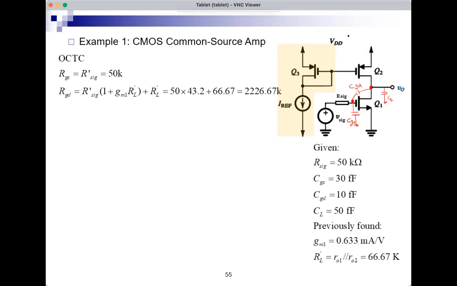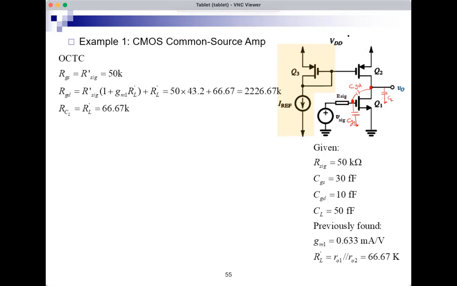The resistance seen by CGD is R prime sig plus R prime L plus GM R prime sig R prime L, the RXY formula. And in this case, that's 50 times 43.2 plus 66.67. So that's 2,226.67 kilo ohms. So that's a large resistance seen by CGD.